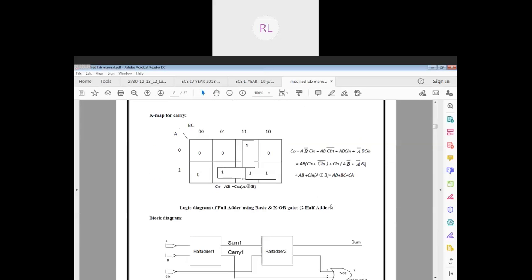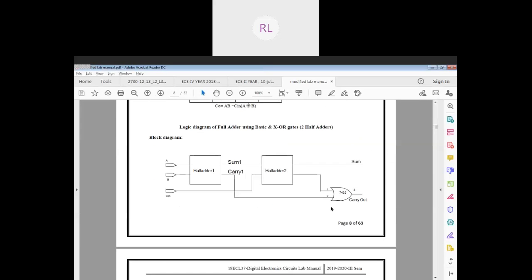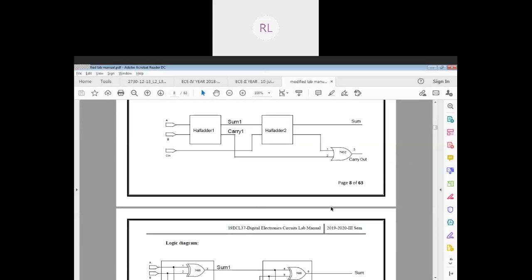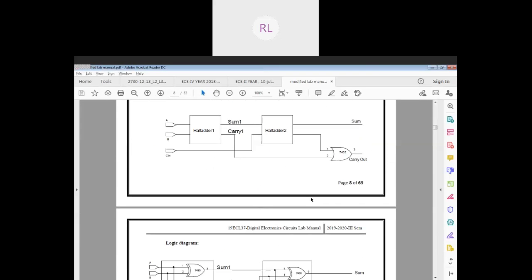And for your carry also, you can do it this way. You can put all the values that you have got into the K-map of carry, and here you will get a proper grouping, and it's easy for us to get the final equation here.